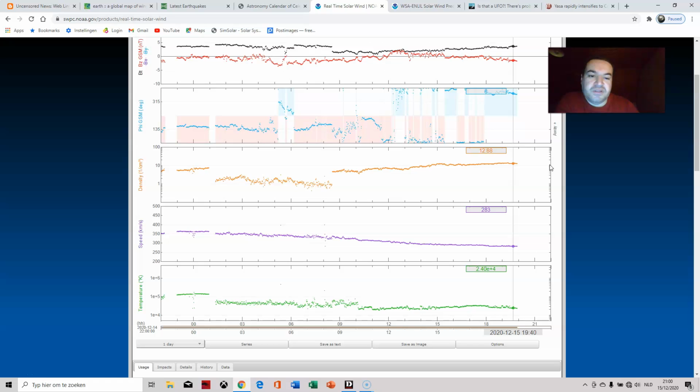This is actually kind of unusual. Normally, when the density goes up, so does the speed, but not always. You can see the bump in density, and it keeps rising steadily, and you can see the decrease also steadily.